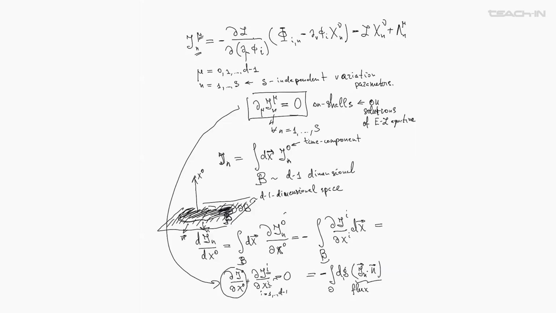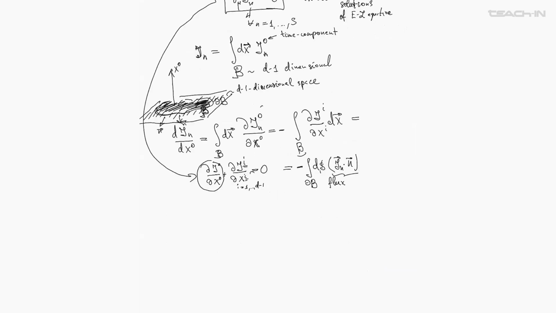And if our fields are assumed to have a vanishing behavior at infinity, then in the limit where this boundary tends to infinity, this integral tends to 0, because fields are assumed to die at spatial infinity.